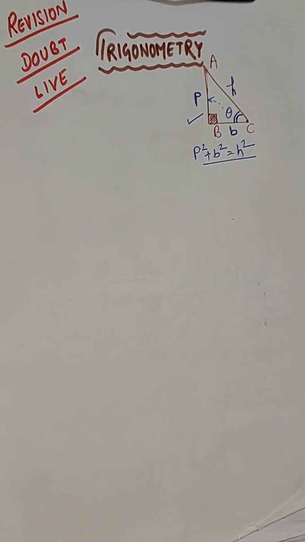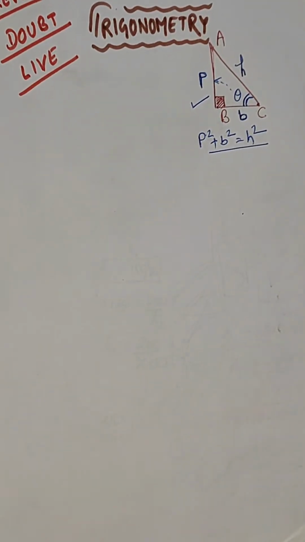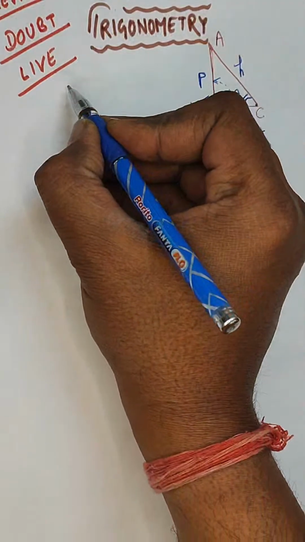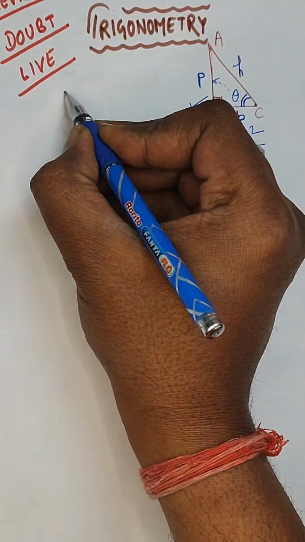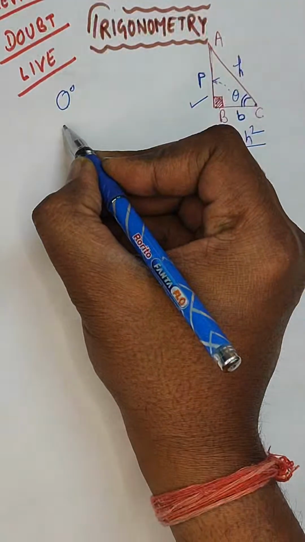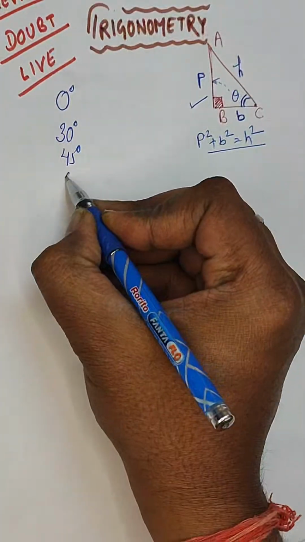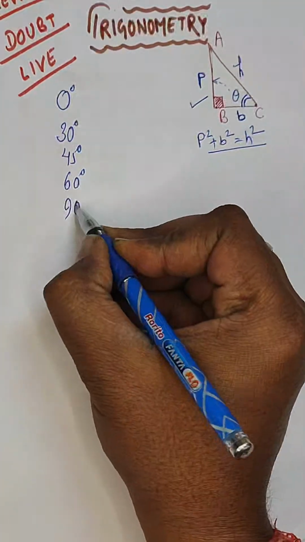Now after this, quickly coming to the trigonometrical identities, you need to remember the values at 0 degree, 30 degree, 45 degree, 60 degree, and 90 degree.